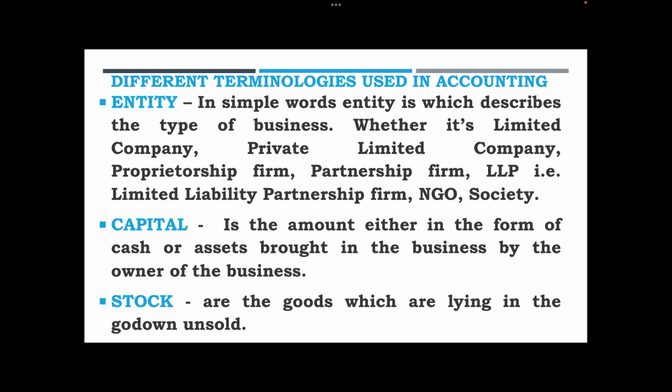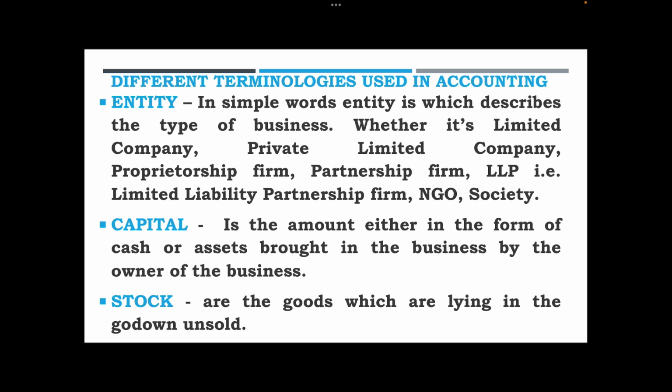If the liability of the firm is already defined, then it is called the limited liability partnership firm, that is LLP. Then आएगा like आपका private limited company, and then limited companies, then society account, and non-profit organization, that is a NGO. So these are the different entities, that is the type of your business.